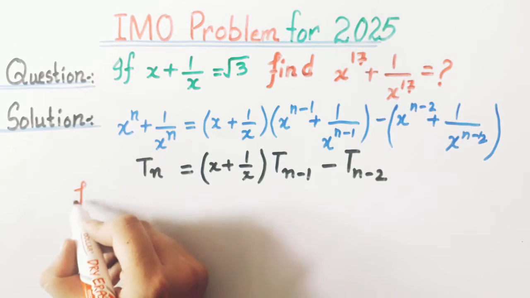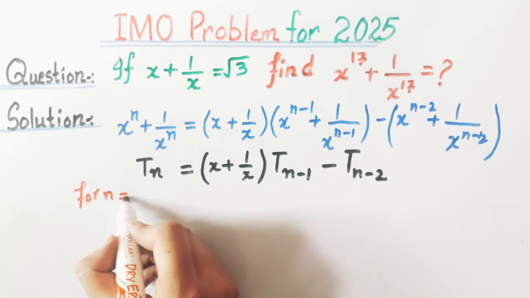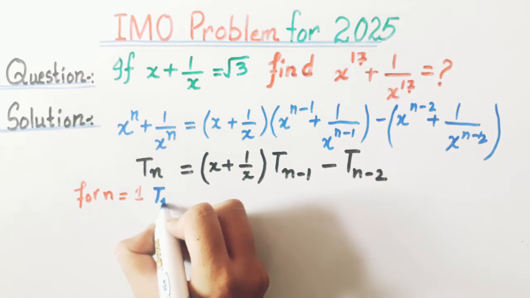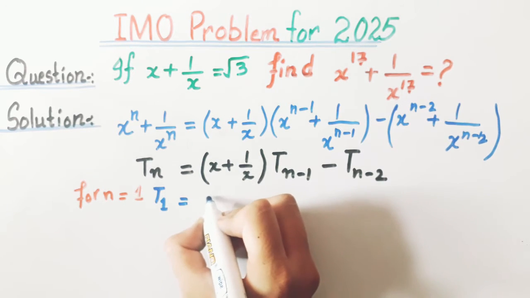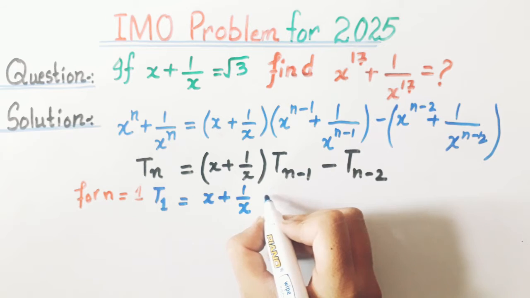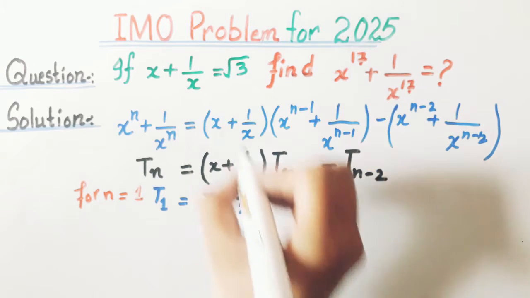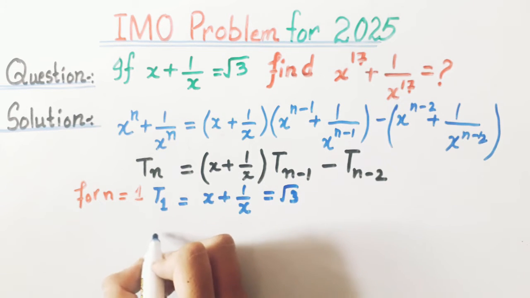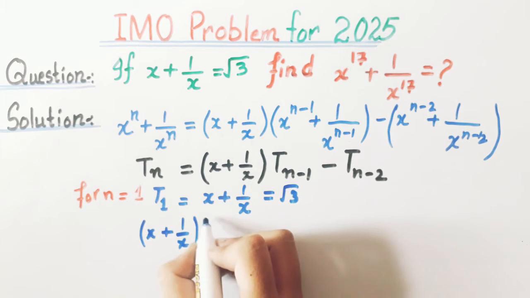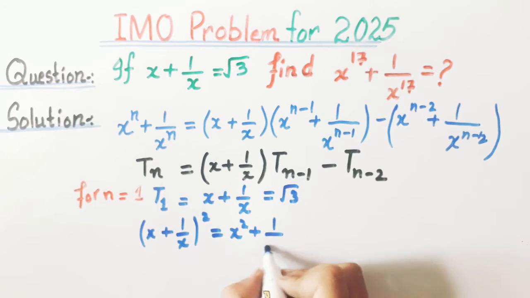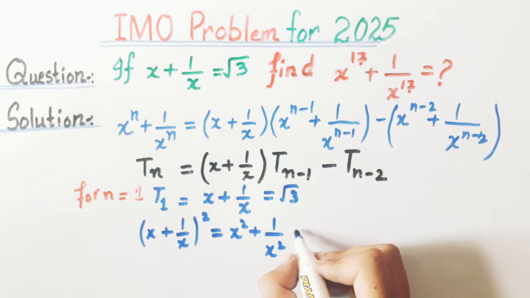So for n is equal to 1, you will calculate T1, that is equal to x plus 1 over x, and x plus 1 over x is equal to the square root of 3. So now we will use x plus 1 over x whole square, that is equal to x square plus 1 over x square plus 2.